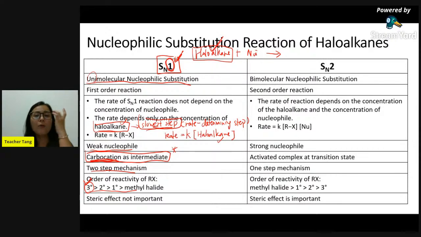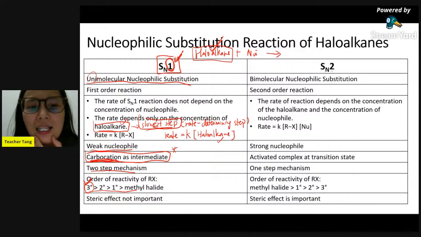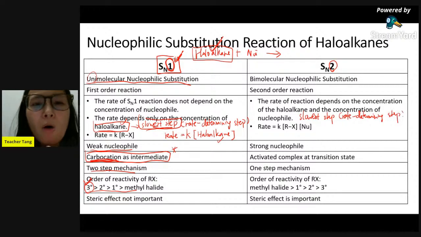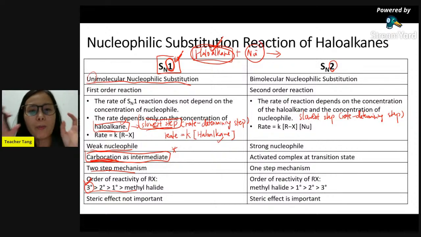So now we move on to look at SN2. The 2 means that the slower step, or rate determining step, involves both the haloalkane and also the nucleophile.